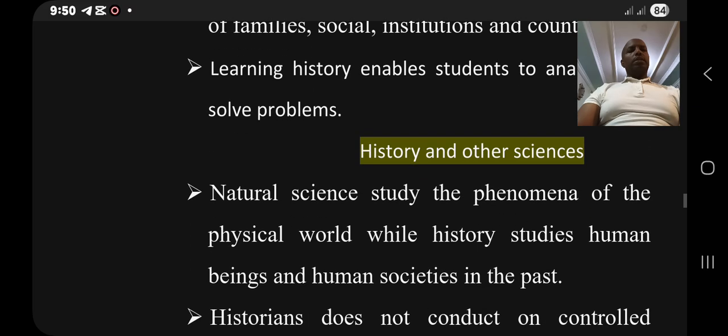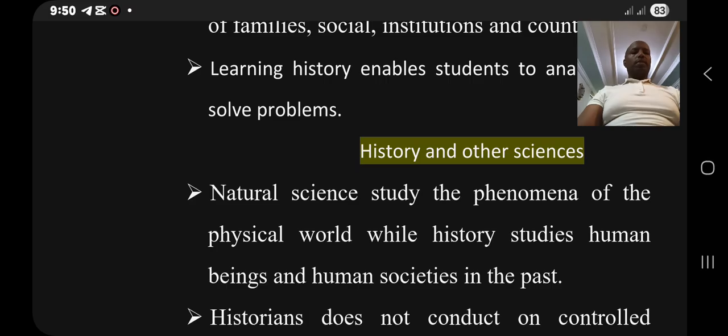Now, it's better to see history and other sciences, the relations and differences between history and other sciences. Natural science studies the phenomena of the physical world, while history studies human beings and human society in the past.